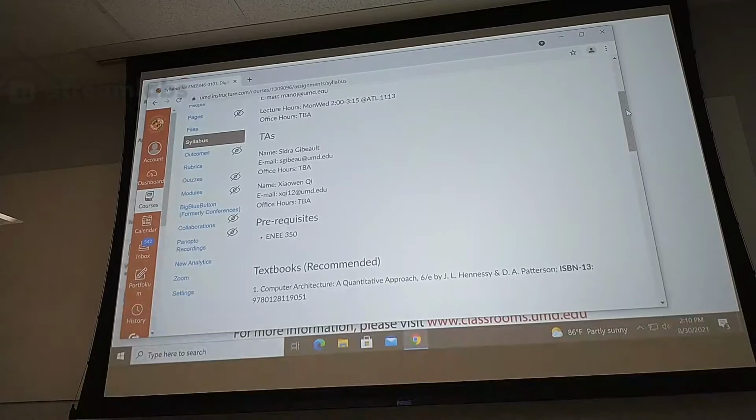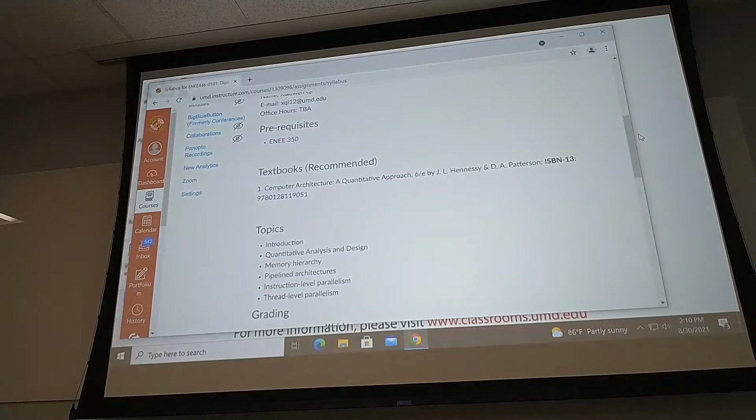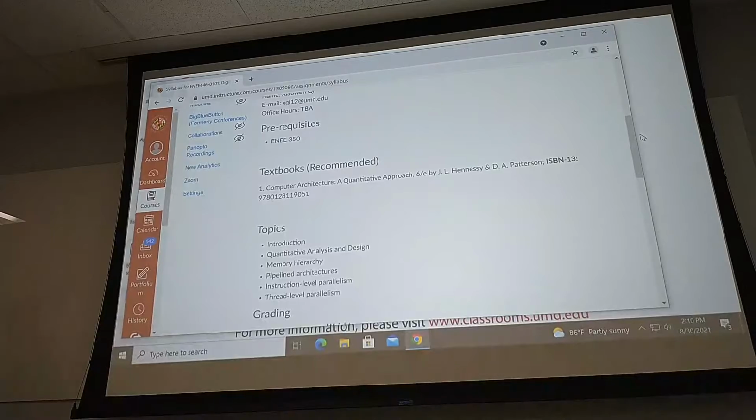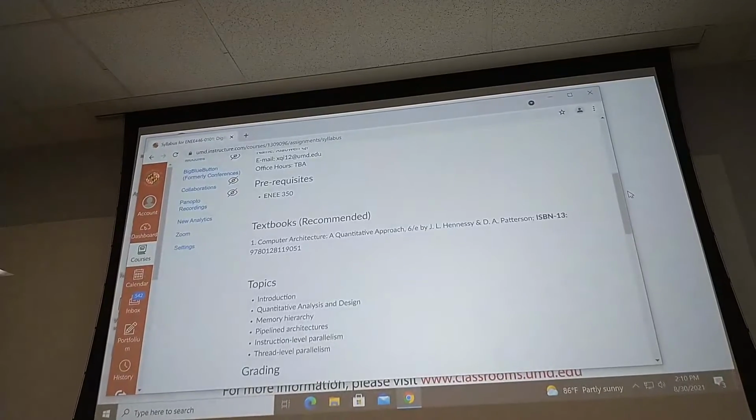And the textbook is the book by Hennessy and Patterson. There are different editions of this book, unlike some other textbooks where there is not really a big difference between editions.